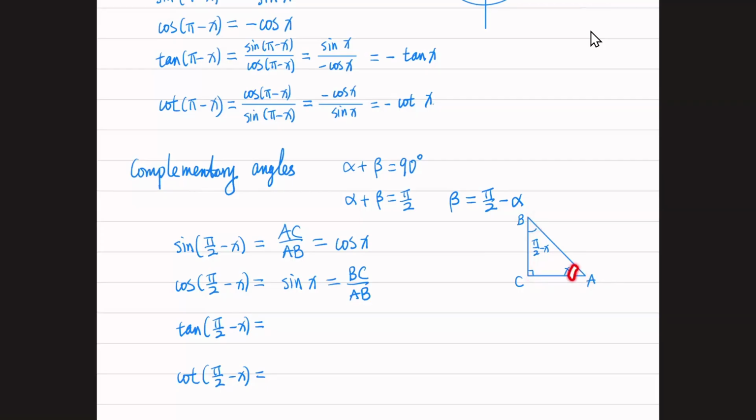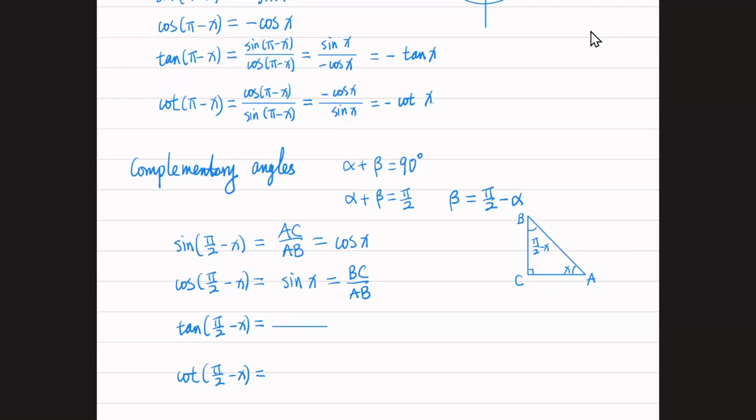Okay, back to Amy. What's the definition of tangent? I think it's AC divided by BC, or maybe it's the opposite way. Okay, it is the other way.